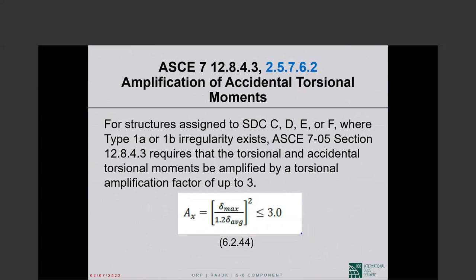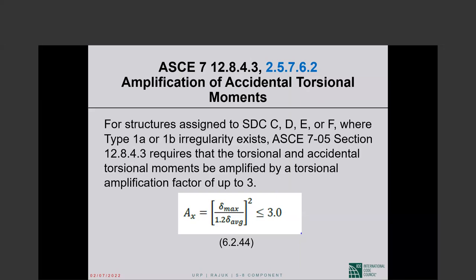For structures assigned to seismic design category C, D, E, or F, where type 1A or 1B irregularity exists, that's torsional and extreme torsional, ASCE 7-05 section such and such requires that the torsional and accidental torsional moments be amplified by a torsional amplification factor that can be up to 3.